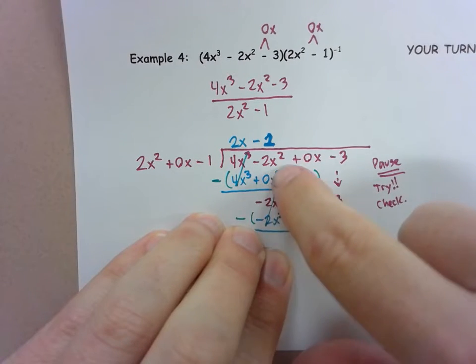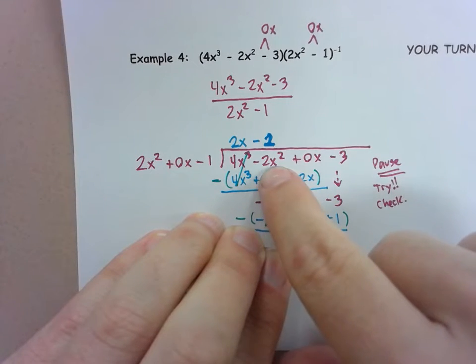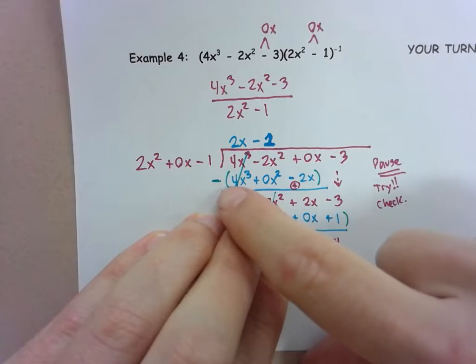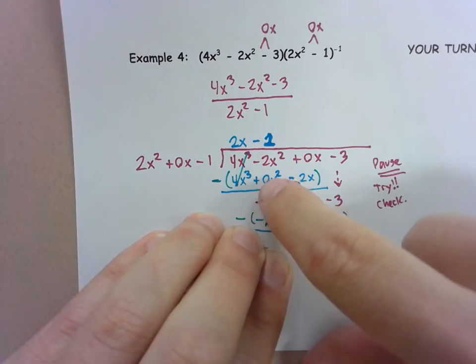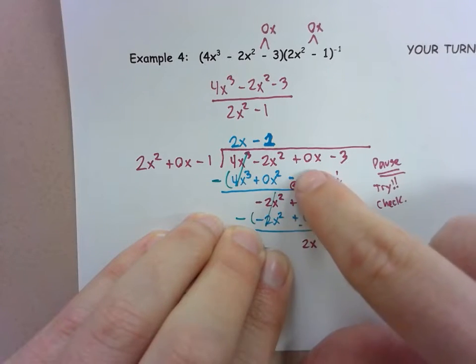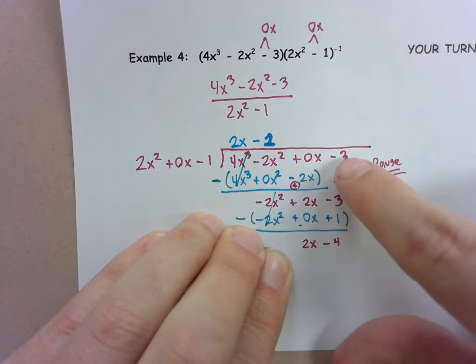Now I put an x squared there. 0 times anything is 0, but I want to have something in its place. 2x times negative 1 is negative 2x. Subtract, cancel those out. This is going to be negative 2x squared because that's nothing. And these two negatives will make a positive, so 0 plus 2 is 2. Bring down the negative 3.